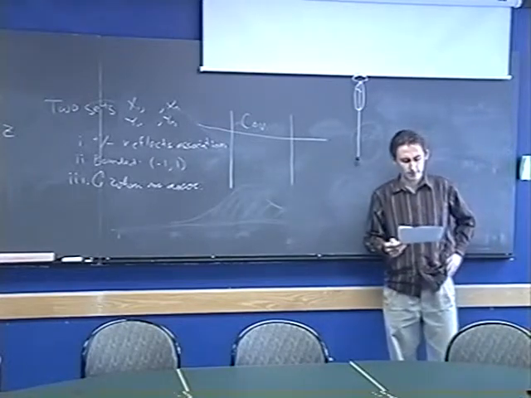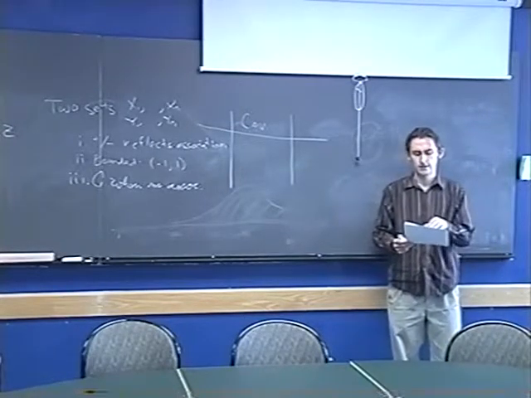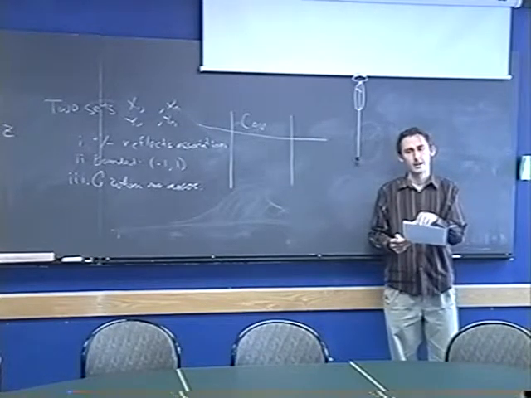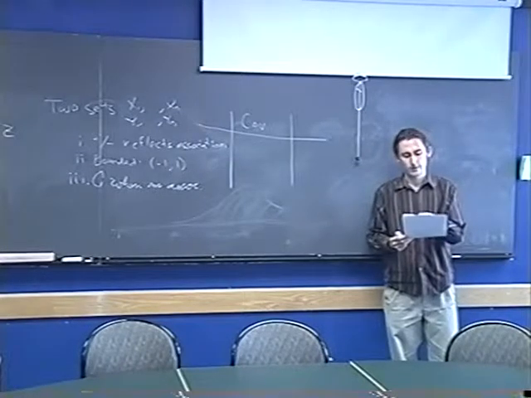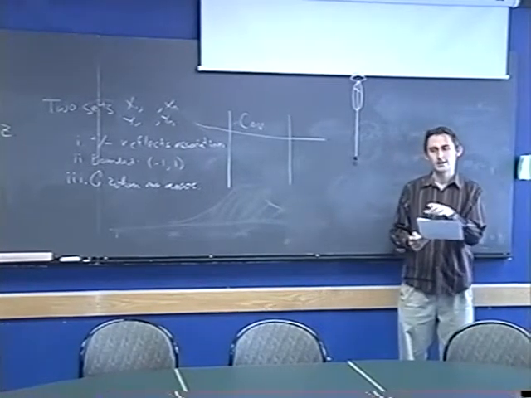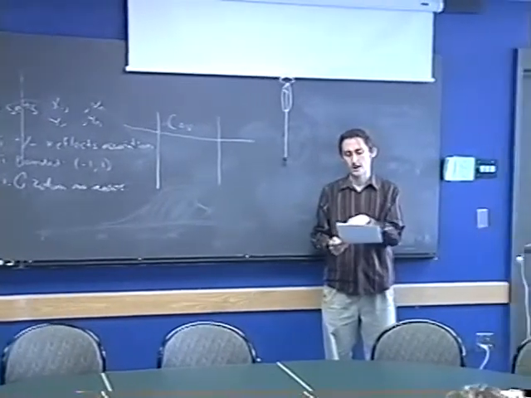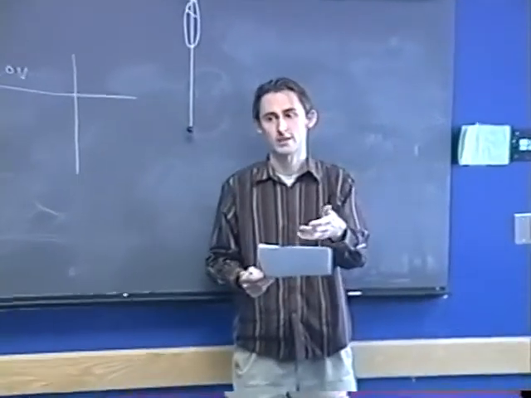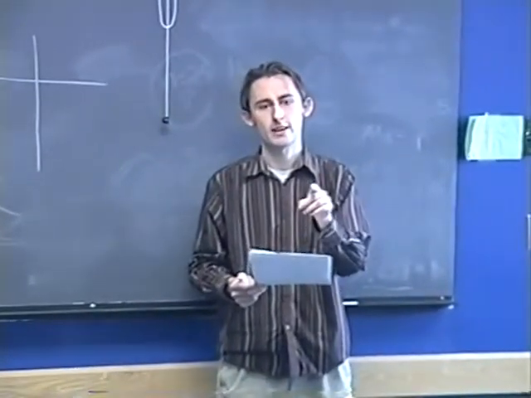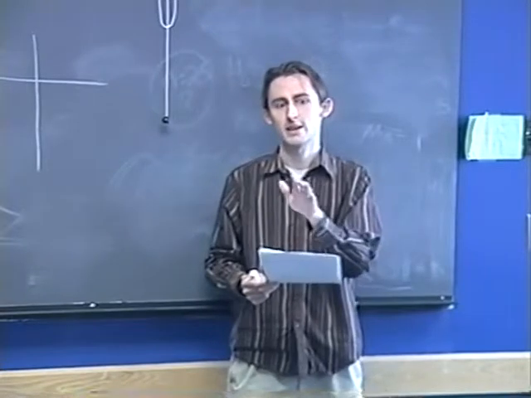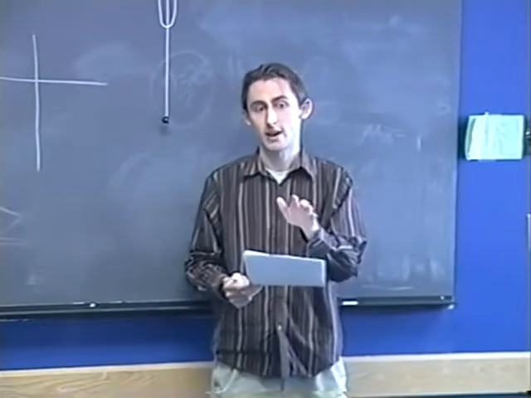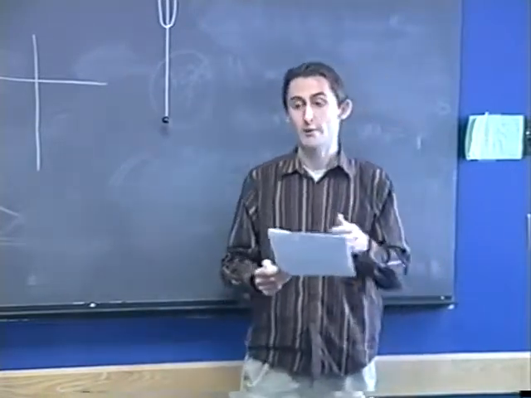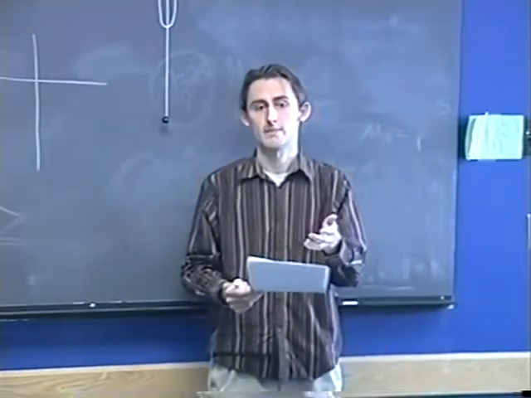The first of them is that covariance is positive if both of the values in that sum are positive or both of them are negative. If both are positive, that means that when xi is above its mean and yi is above its mean, we get a positive contribution to the sum. By the same token, if xi is less than its mean and yi is less than its mean, a negative thing times a negative thing is a positive thing, and that will also give a positive contribution to the sum.